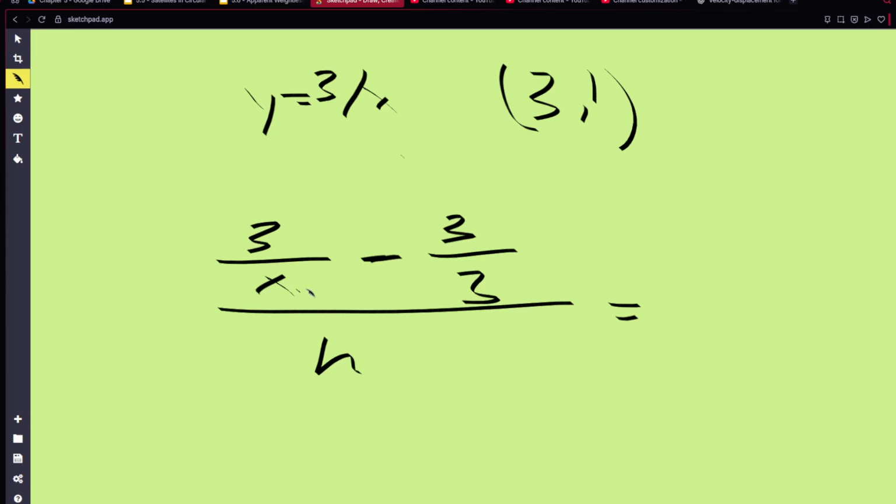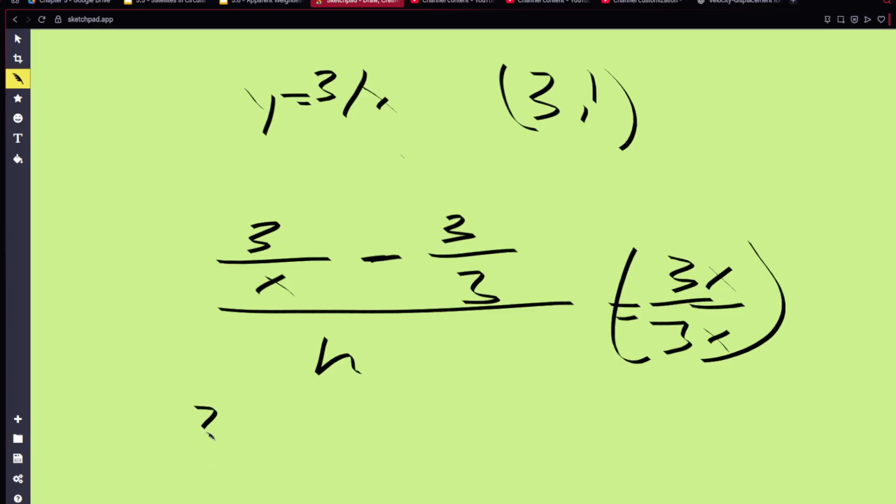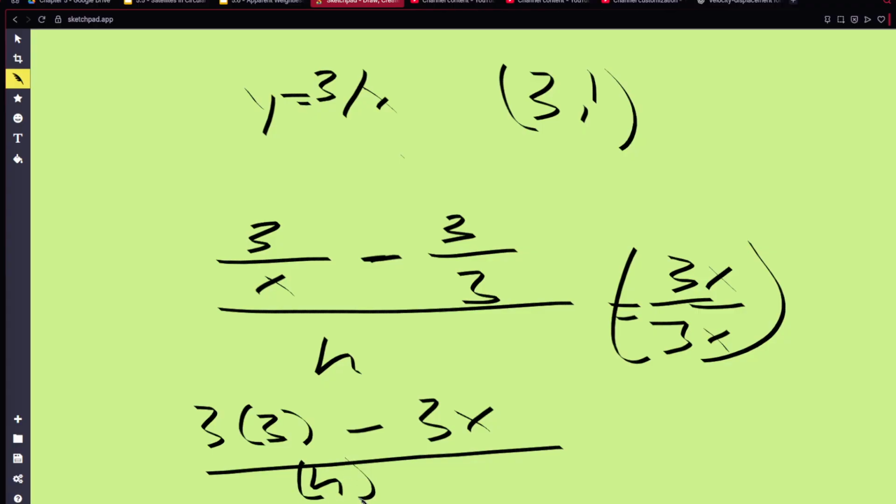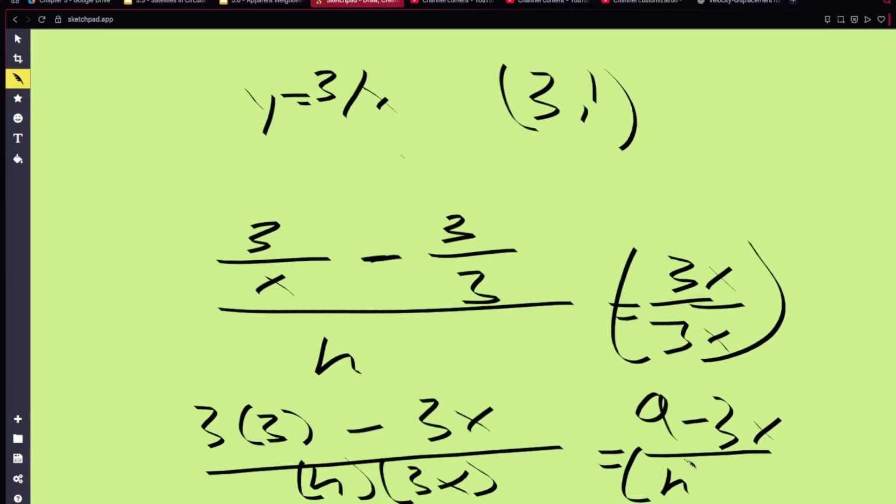We can use algebraic manipulation. I guess we'll just multiply everything by 3x over 3x, because I was going to do another one, but that's the same thing. So the x's cancel out here, but that gives us 3 minus 3x over 3x. And guess what? That just becomes 9 minus 3x over 3x.